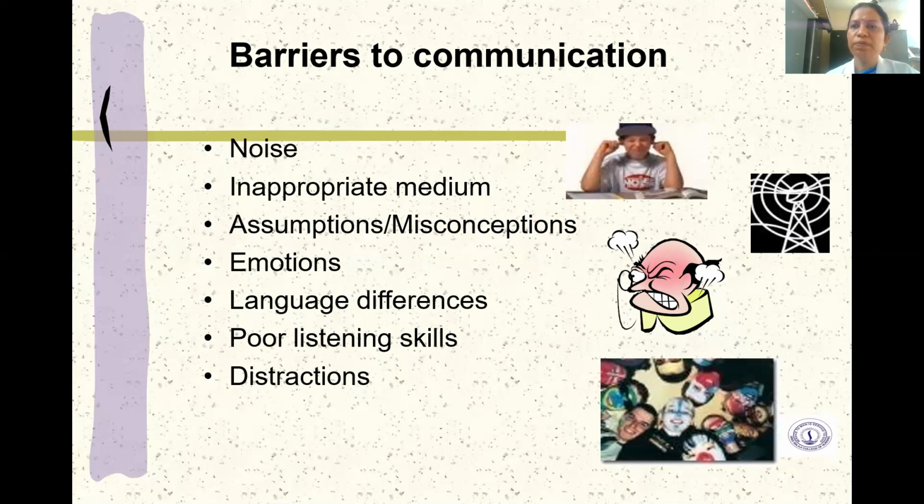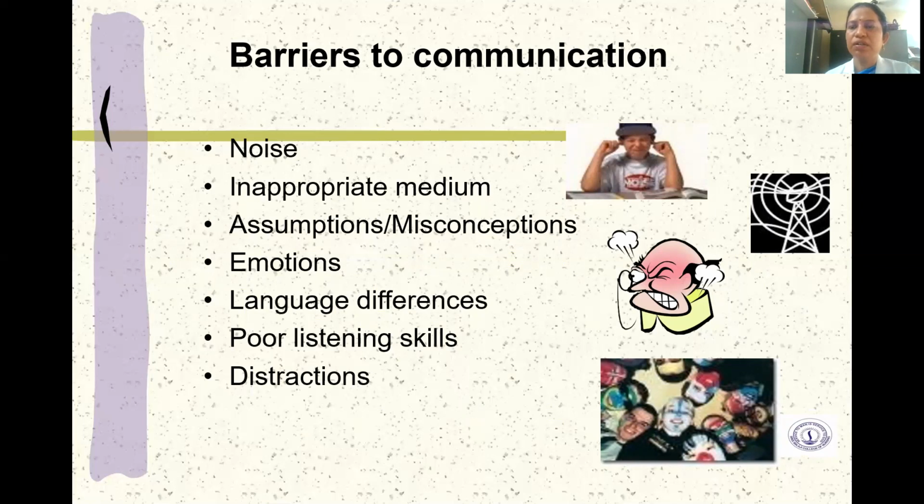Emotions. You should not give place to high emotions like crying, shouting or screaming in communication. It will spoil the mood of the place. So strong emotions are not to be allowed. But a gentle smile, a gesture of acceptance, all these are always advised and accepted. Language differences. If a teacher speaks in a language that the students do not understand, again it is a difference and a barrier. Poor listening skills.